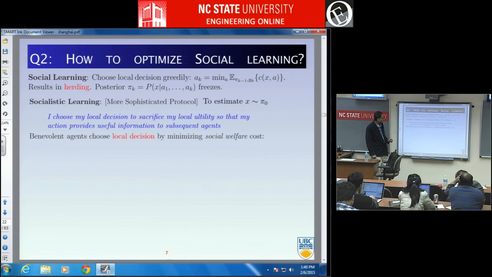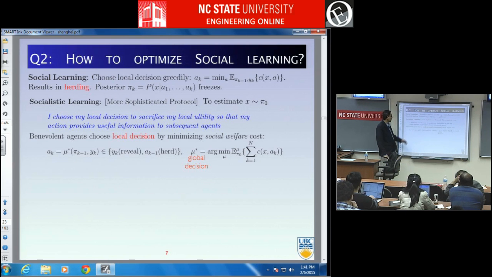So the question then is, how do I do this? How do I decide how long to continue the socialistic learning? Here's a very special case of that. Suppose that each time I have two choices. This is a simplified setting. I can either reveal my full raw observation to the next agent, and then I just have standard Bayes rule.